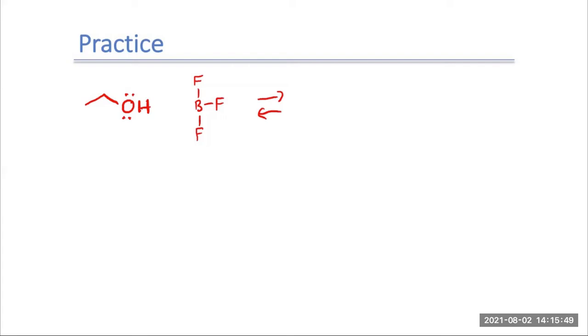So when we're looking at this, our oxygen has 2 lone pairs. Our boron only has 6 electrons. It's electron deficient. Our oxygen is electron rich. Since our oxygen is electron rich, that makes it the base. And the boron is the acid. Or another way to think about it, the base is also our nucleophile, and the acid is our electrophile.